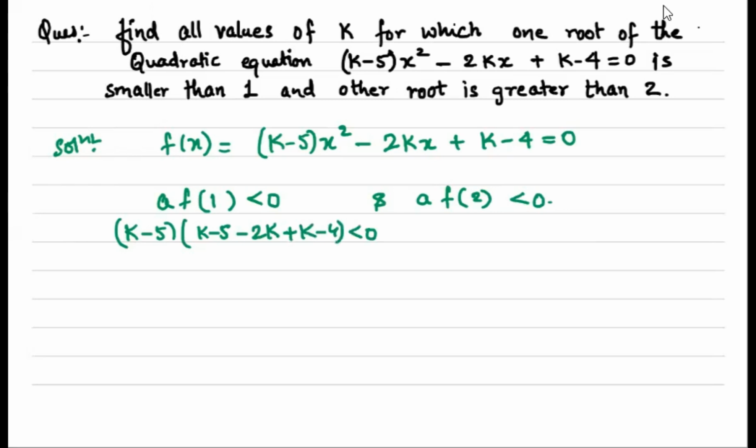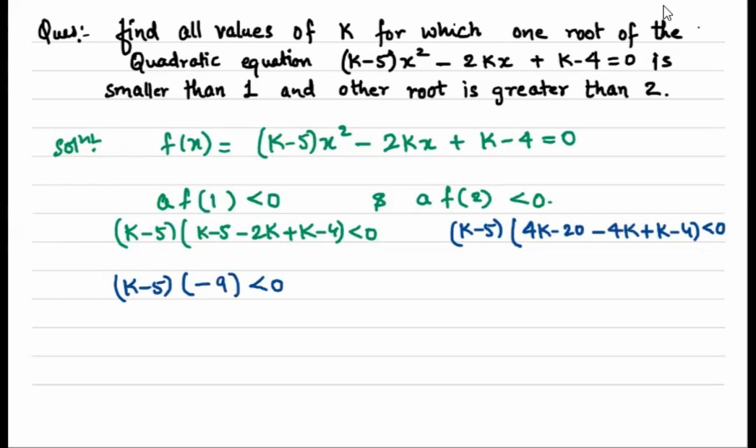And from here we get leading coefficient k minus 5, and then f of 2 is 4k minus 20, and then x is 2, so minus 4k plus k minus 4 is less than 0. So if we solve this, we get k minus 5, and then k plus k, 2k cancels out. We get minus 9 is less than 0.